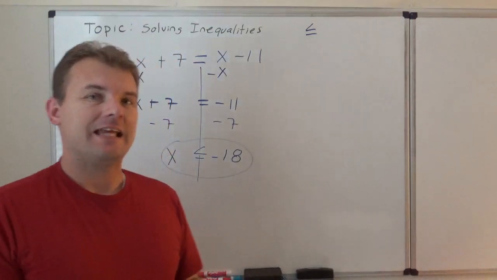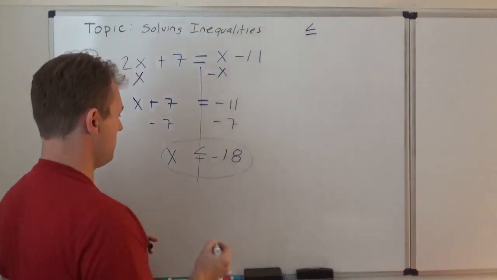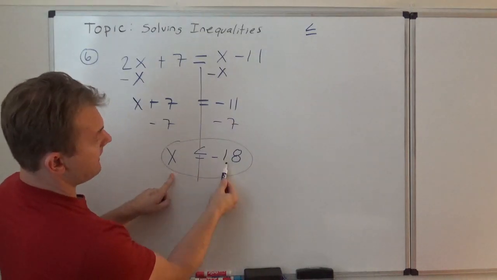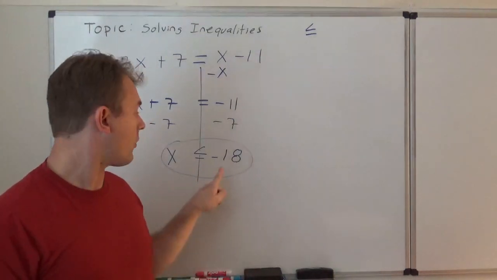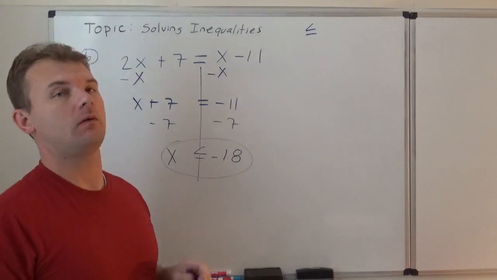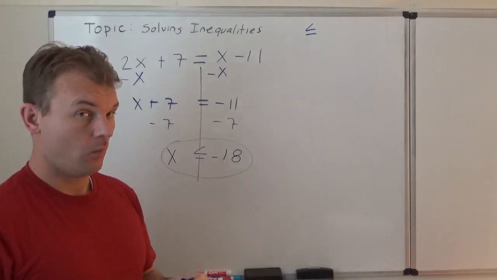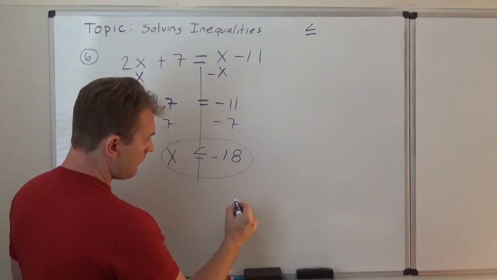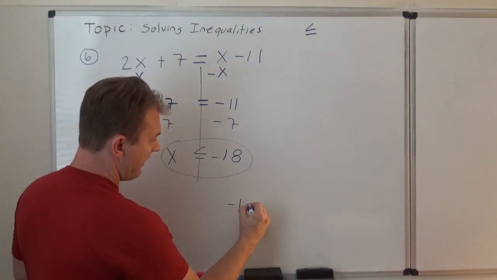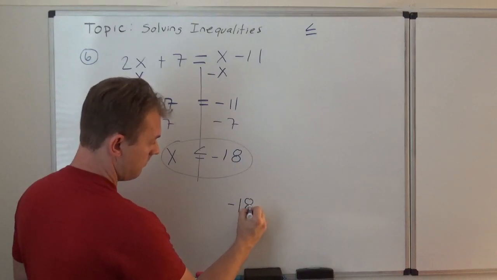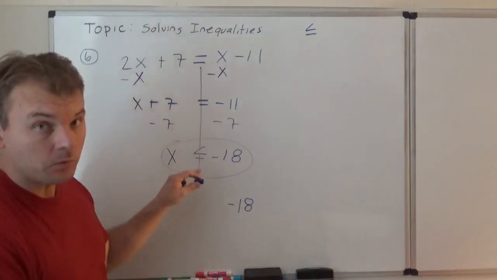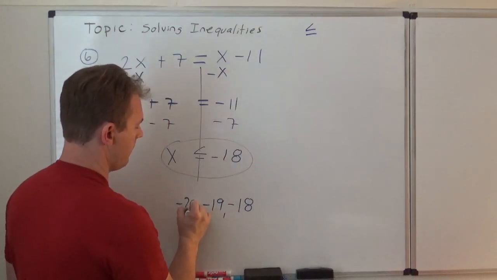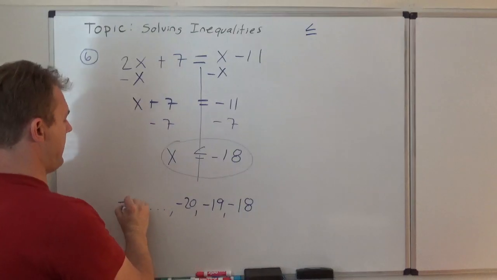Now, write this in interval notation. So remember interval notation? What numbers are less than or equal to -18? Well, you have -18. That's one. Could be equal to. What about -19? What about -20? What about boom, boom, boom, boom, negative infinity?